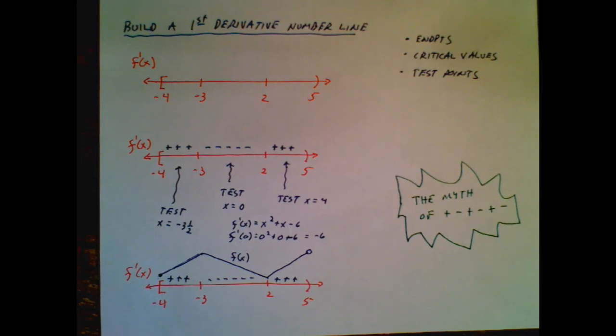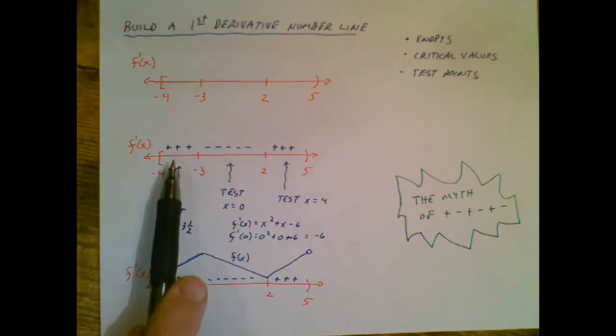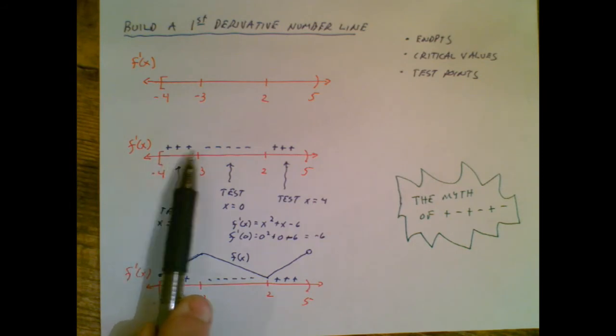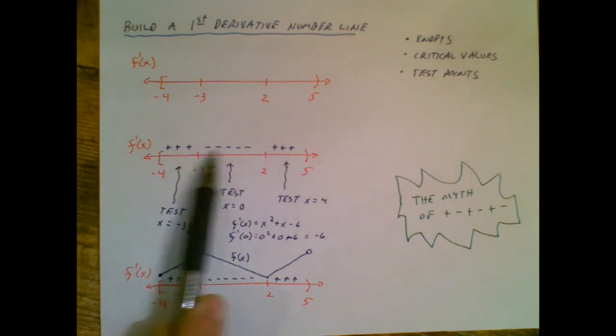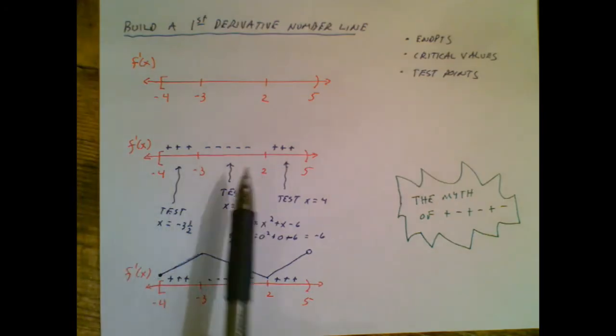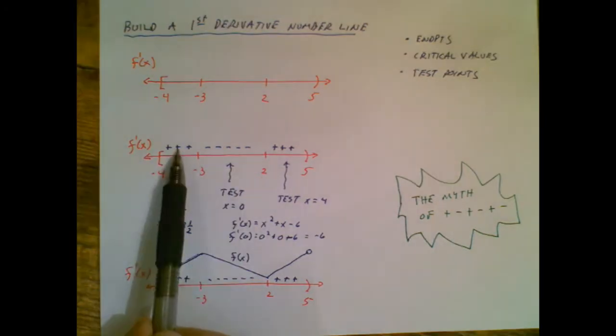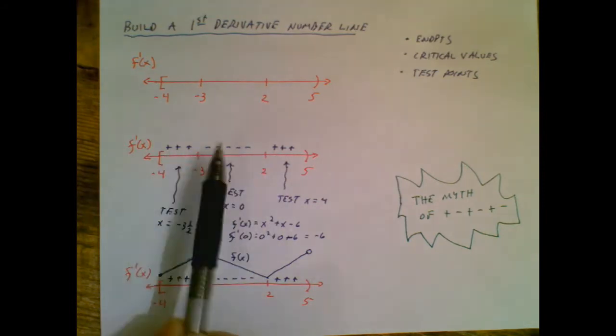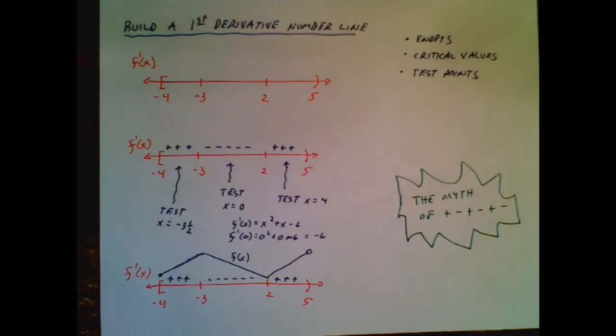Before we move on, I have a danger point to show you. You notice here that my test points revealed a plus, minus, plus. And that's a nice alternating pattern. It's so nice, and humans love patterns, that you're going to believe that you always follow alternating patterns when you fill this out. But that is definitely not true.